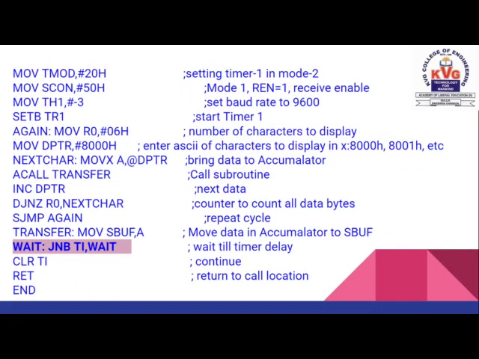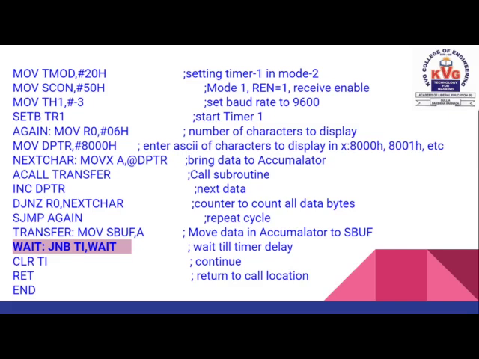Transmit interrupt flag, or the TI bit, is an important flag bit in the SCON register. When the 8051 finishes transfer of an 8-bit character, it raises the TI flag to indicate that it is ready to transfer another byte. It is set to 1 at the beginning of the stop bit for mode 1.